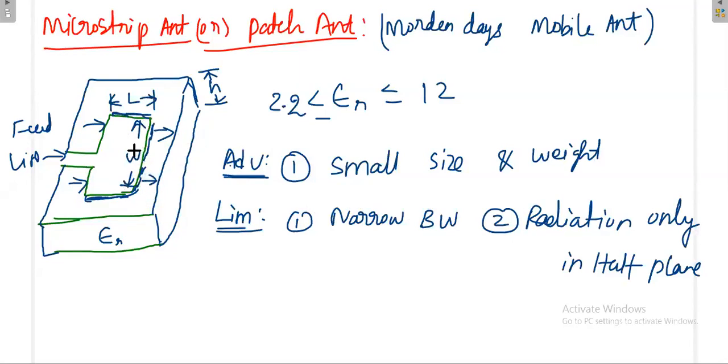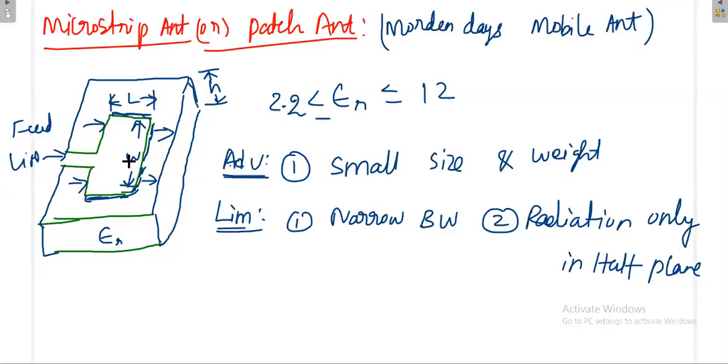Similarly, if you use this as a receiving antenna, it will receive signal only from upward, not from downward. Above the plane only it will radiate or receive; below the plane it will not. That is the limitation of this one.